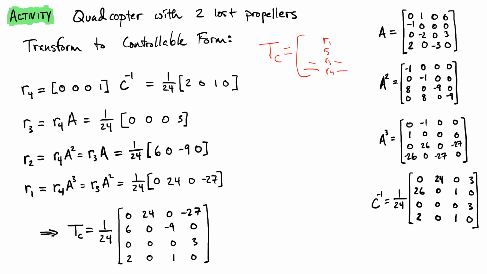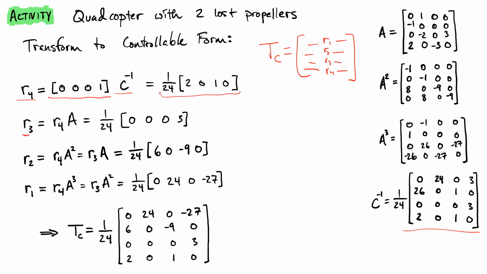It's going to be a 4x4 matrix where these are each rows. The way that we do that is we first compute the last row by multiplying this vector of 0, 0, 0, 1 with the inverse of our controllability matrix. We already had that from our previous activity, and that gives us our last row that looks like this.